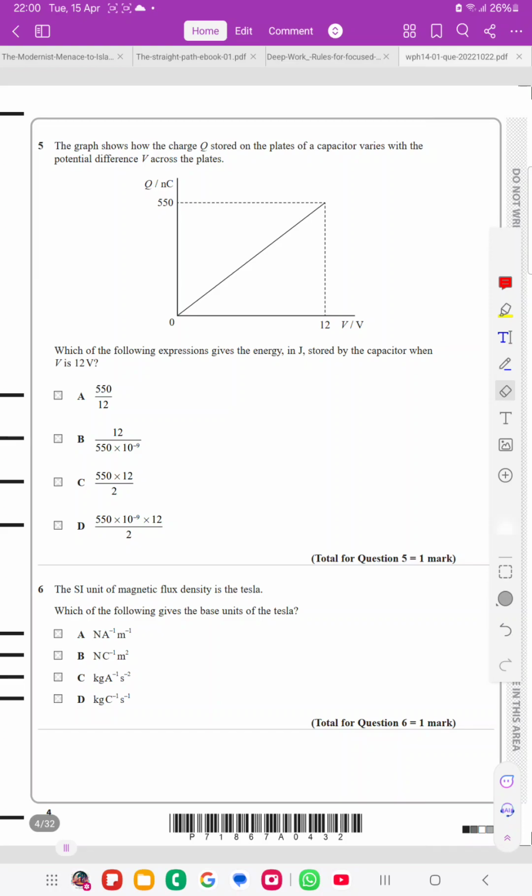The next one, the graph shows how the charge stored on the plates of a capacitor varies with the potential difference V across the plates.